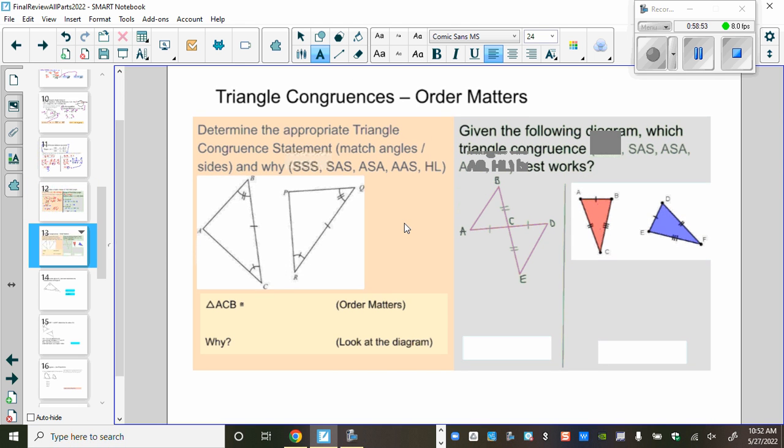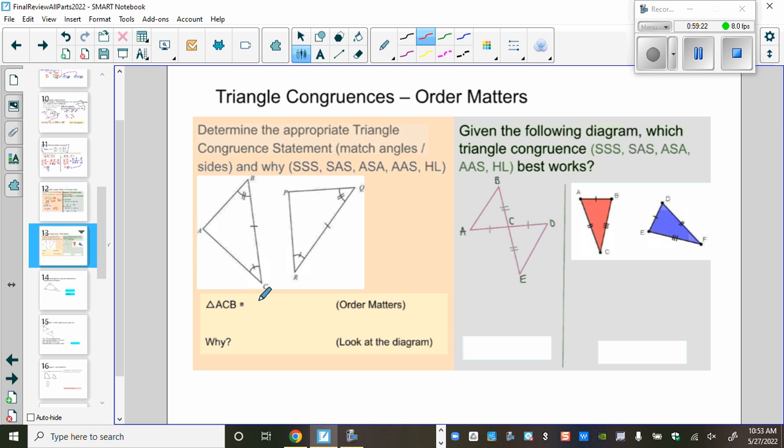Triangle congruences. Order is going to matter here. So the key is you have to look at, for your first triangle, where do you start? A. Okay? Now notice with angle A, do you see anything with it? No. So then you have to look at which angle on the other triangle does not have any markings.